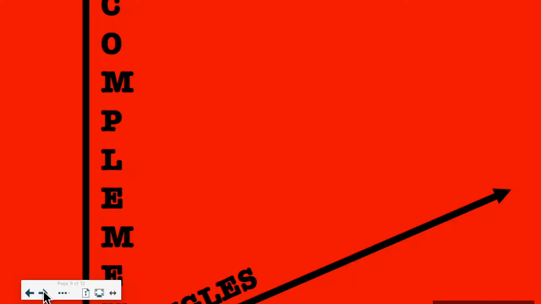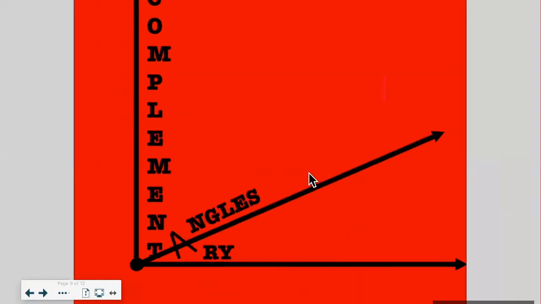All right, so now another term that you need to know is complementary angles. Now this is written in a way that sort of gives you a clue of what it means. Complementary. So if you notice, we have a right angle on the outside here. Oh my goodness, hold on.